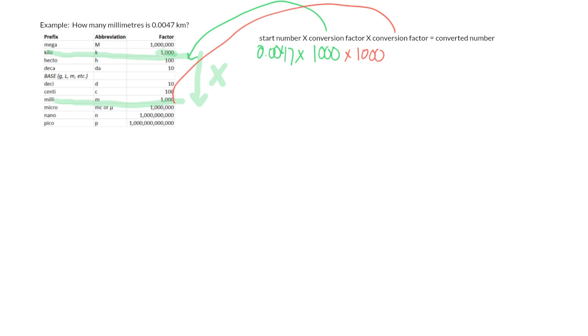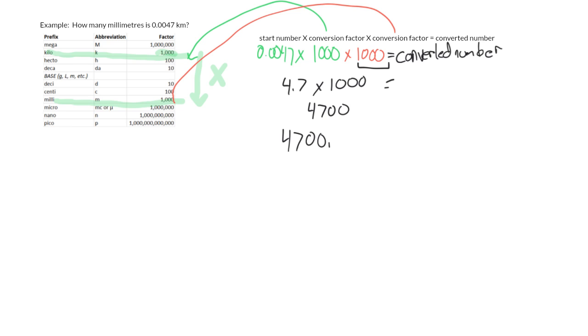And that's going to equal our converted number. 0.0047 times 1,000 is 4.7 times 1,000, because the 1,000 didn't just magically disappear, it's still there. 4.7 times 1,000 is 4,700. So 4,700 millimeters. Never lose sight of what you're converting to. It is equal to 0.0047 kilometers.